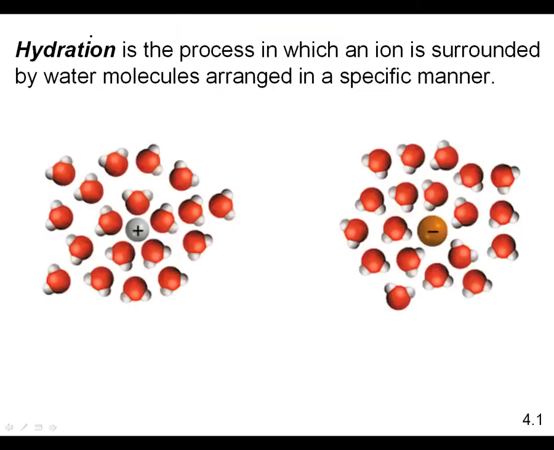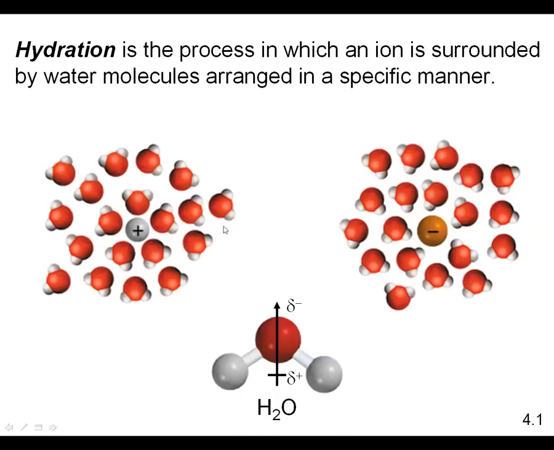Now, the process of hydration is essentially what occurs when we dissolve something in water. As we know, water is a polar molecule. The negative side of water is by the oxygen, which is what this is. And the positive side of water is down by our hydrogens, which is what these are.